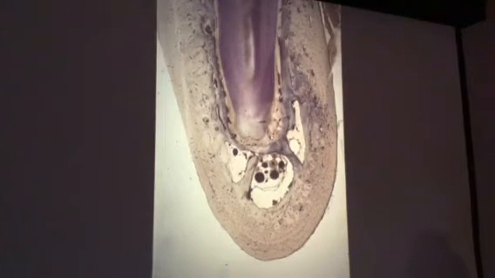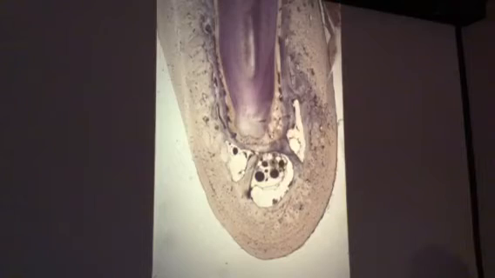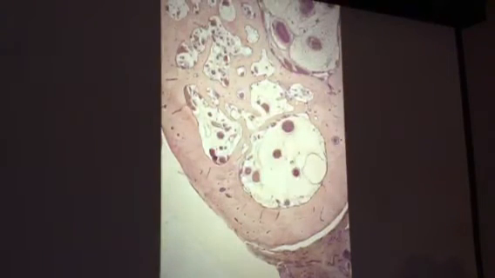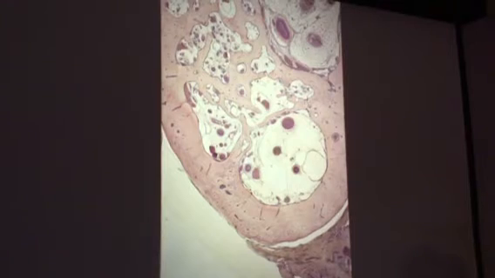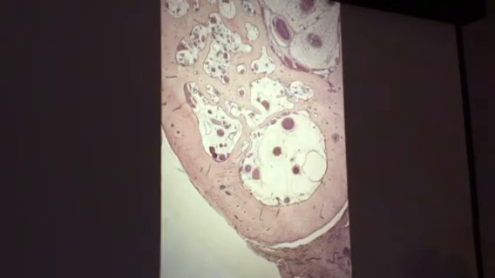There's the apex of the tooth. I will not ask you the names of the vessels or nerves in that area. That's a subject for gross anatomy. If we look down here, we can find that outer circumferential lamella again, and right here, what would that be? Inner circumferential lamella, which would be lined with an endosteum.